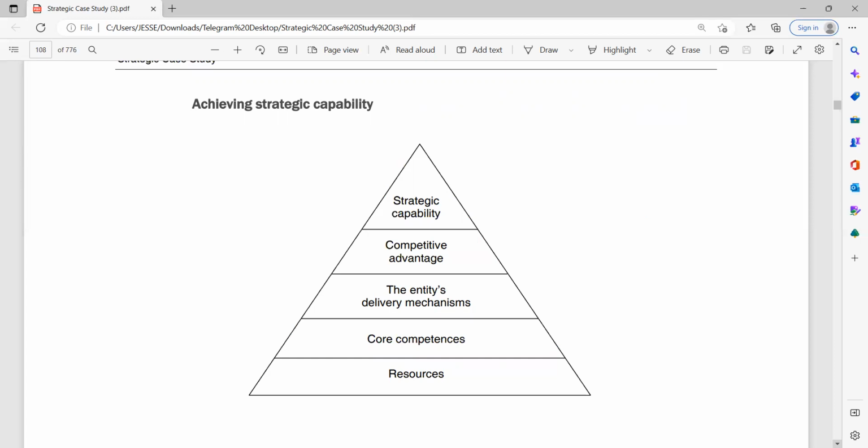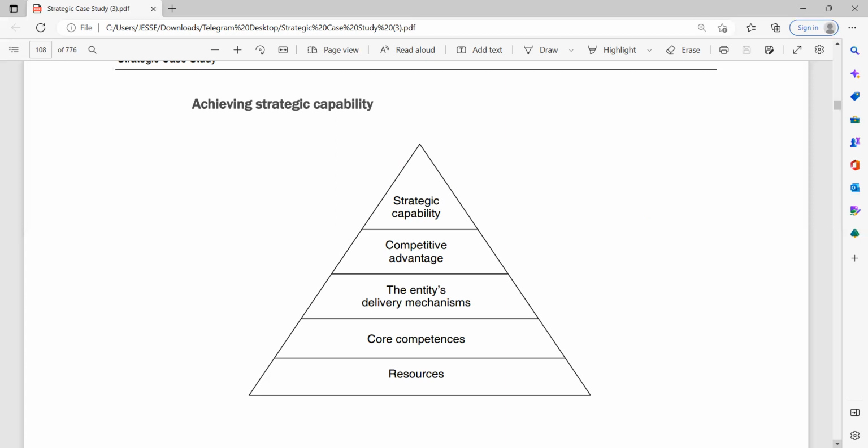If they are used in a very organized, systematic manner, in a way that benefits the organization, it becomes a core competence, right? If it's able to deliver these competencies to an end user in a very structured way, that's where we are looking at the delivery mechanisms. And if they're able to do this very well, they're able to gain competitive advantage, which in turn gives them a strategic capability in that area.